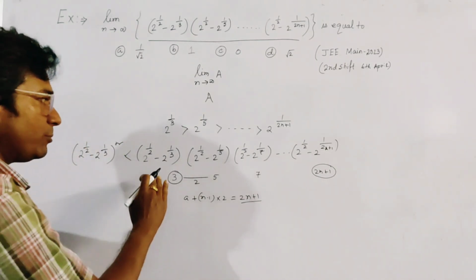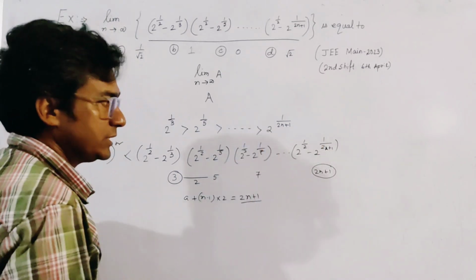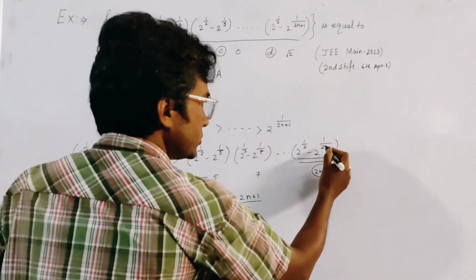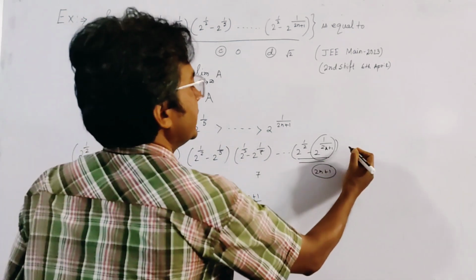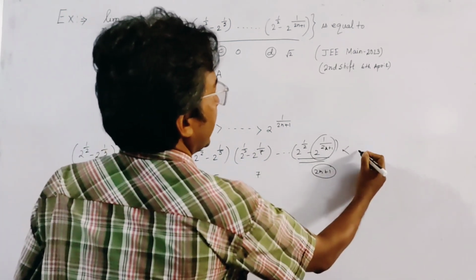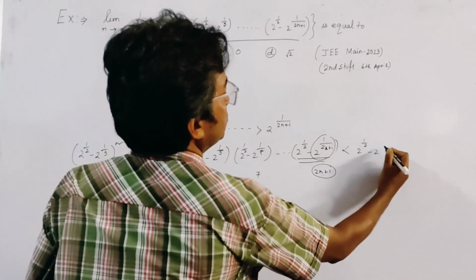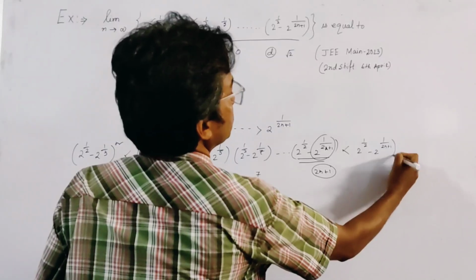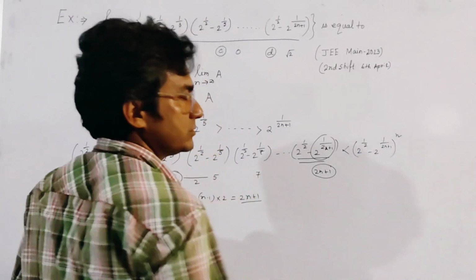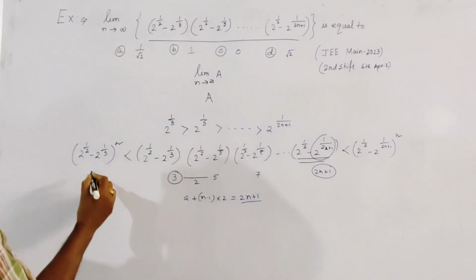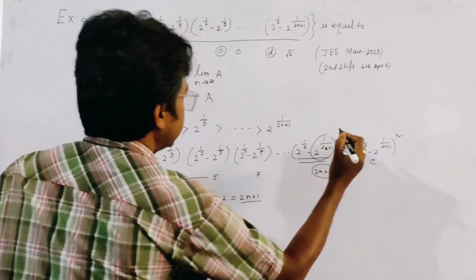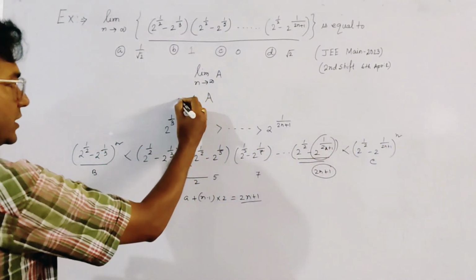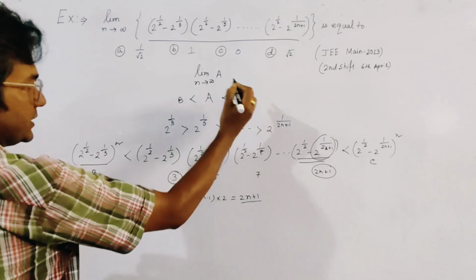Similarly, among all the n terms, this is the greatest because the subtraction is the least. So we write on the right side (2^(1/2) − 2^(1/(2n+1)))^n. If we let this be b and this be c, then we get a less than b less than c.